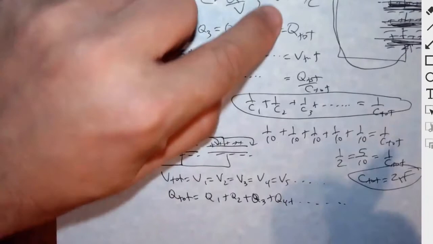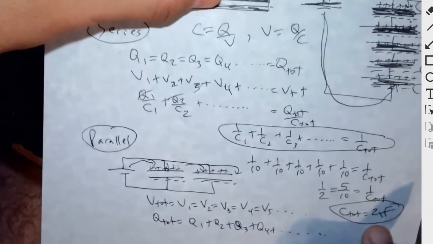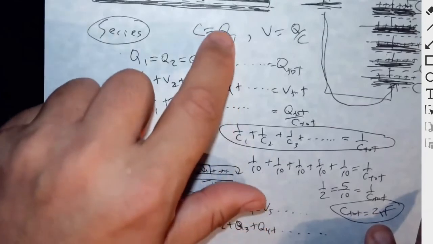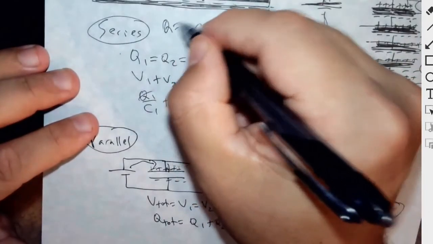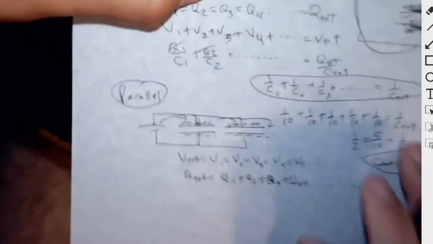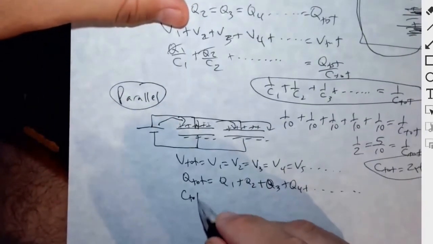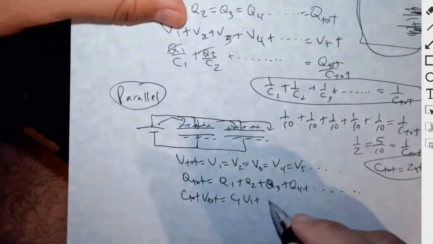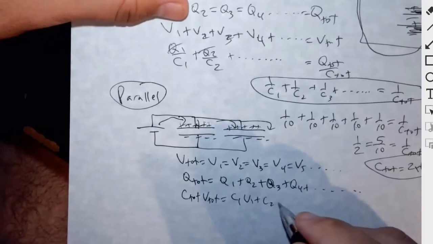Then I use the relationship between C, Q, and V. Whichever one adds up, I solve for that. So I say Q is equal to CV, right? And then Q total is equal to C total V total. Q1 is C1 V1, plus Q2 is C2 V2.